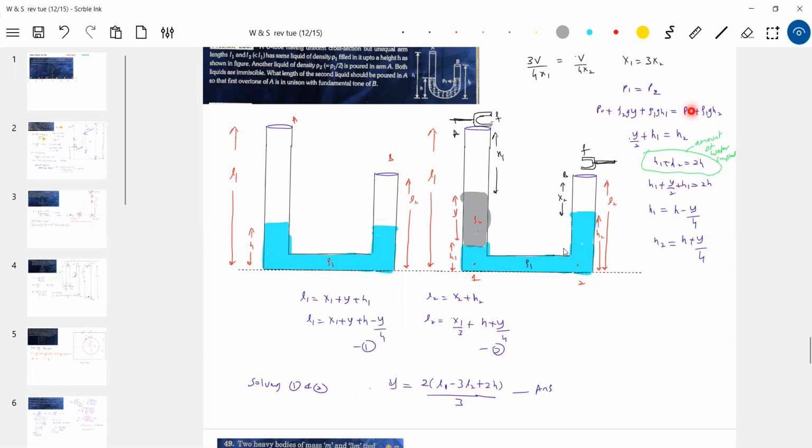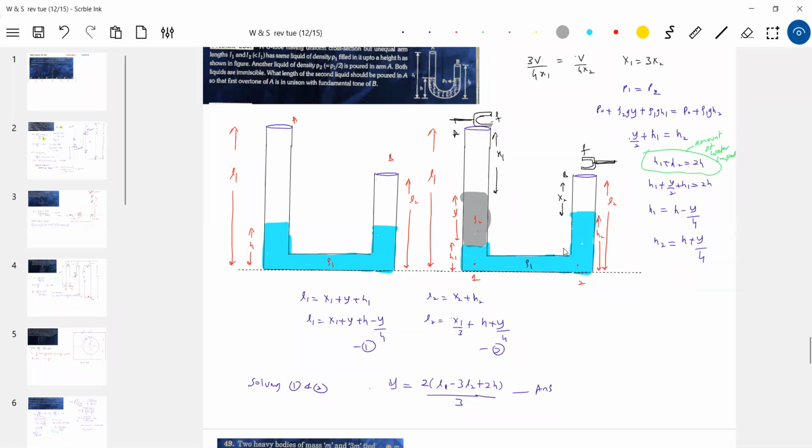P0 cancels. Rho 2 is equal to rho 1 by 2, so y by 2 plus h1 equals h2. H1 plus h2 equals 2h. I think till here no problem.